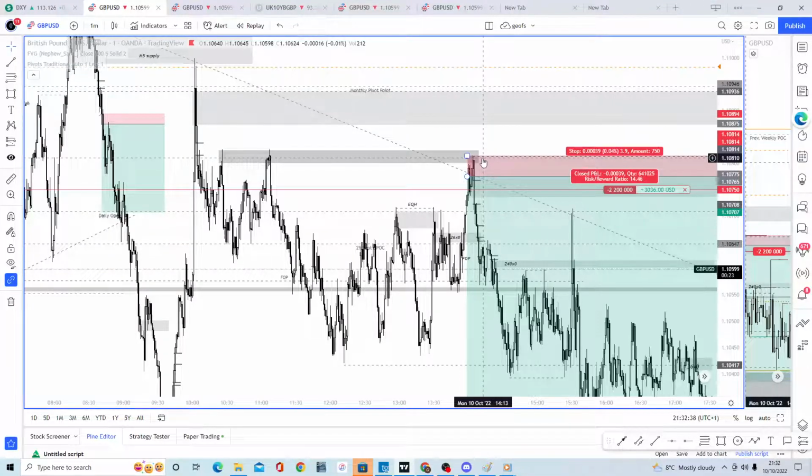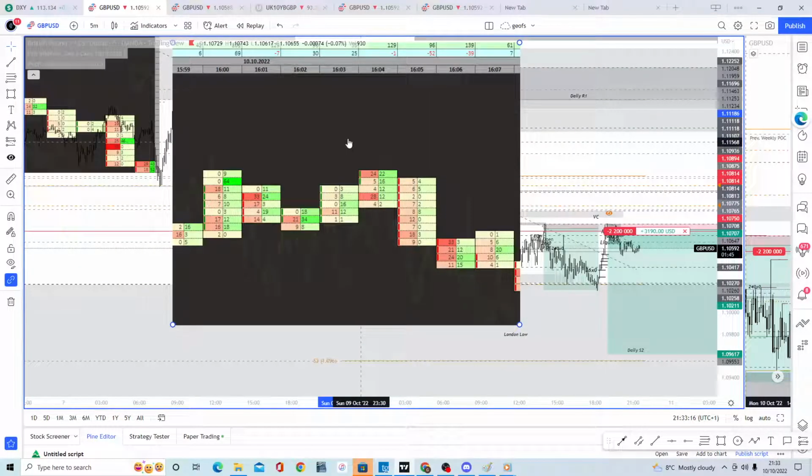So if we just expand this. This is what I would call an aggressive entry. Very aggressive entry, in fact.